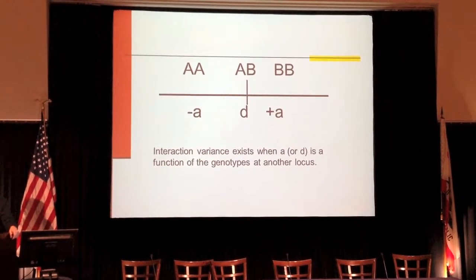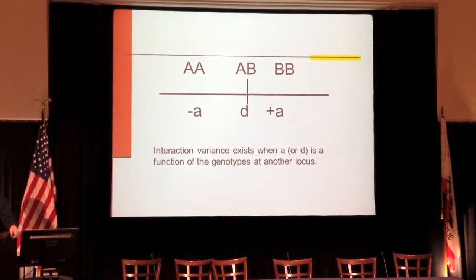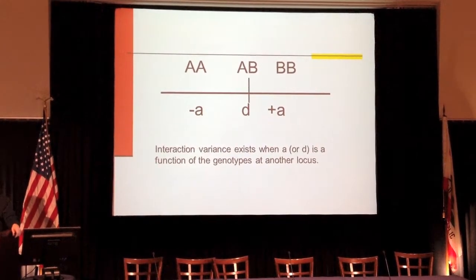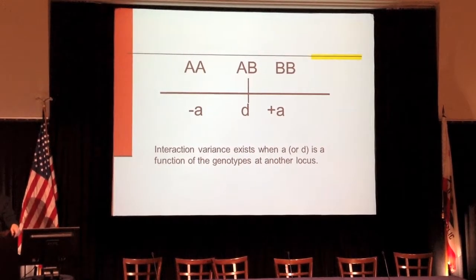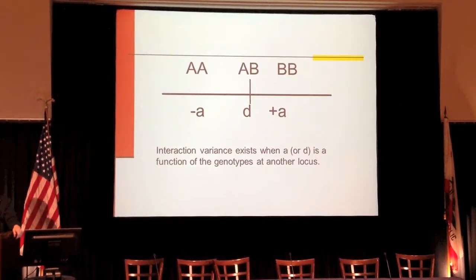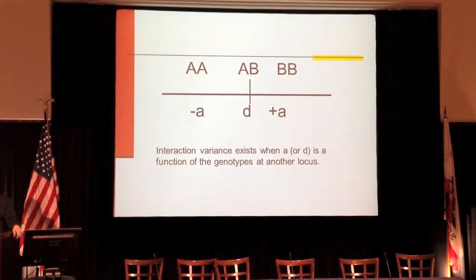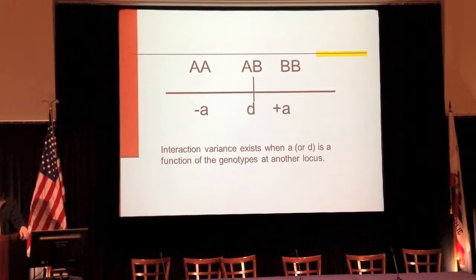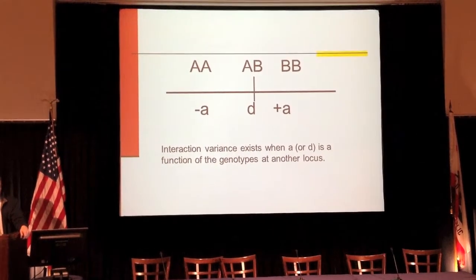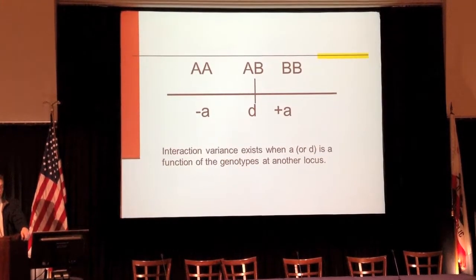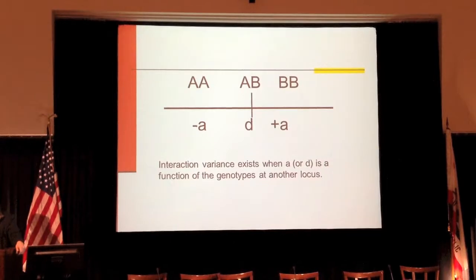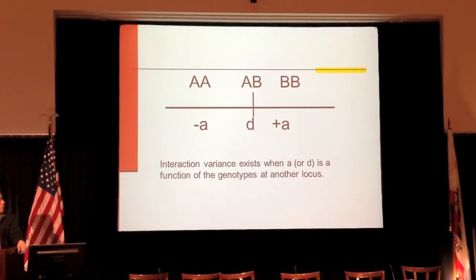In the case of epistatic variation, you have an interaction variance that exists when A or D is a function of the genotype at another locus. That's epistasis, which I think was very popular about 5 or 10 years ago. Everyone was talking about epistasis, which basically means that when you have a variance in one gene, it actually affects variance in a quantitative trait expression for another gene.